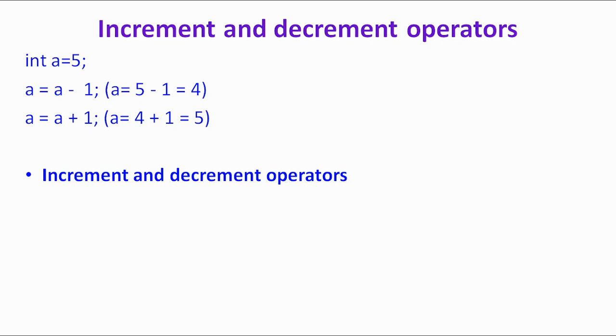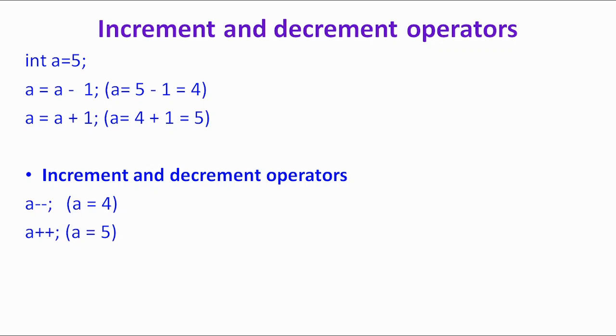C provides special operators to simplify the usage of these operations. Two minus operators typed consecutively is called the decrement operator. In this example, a-- is a decrement operation which reduces its value by 1 from its current value.